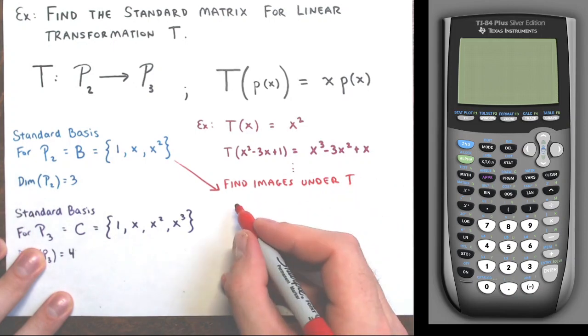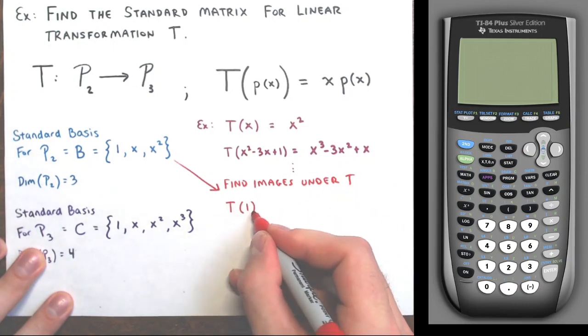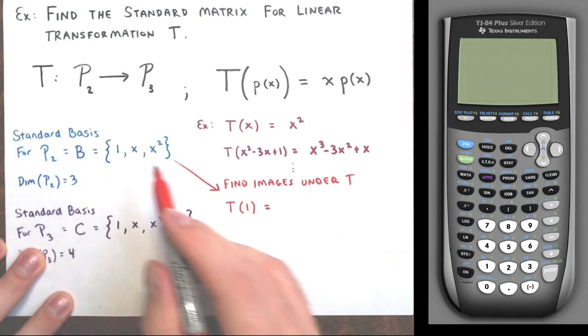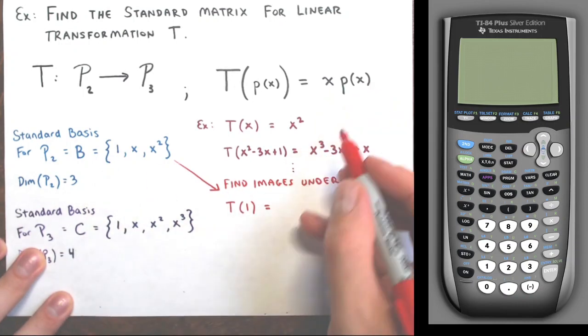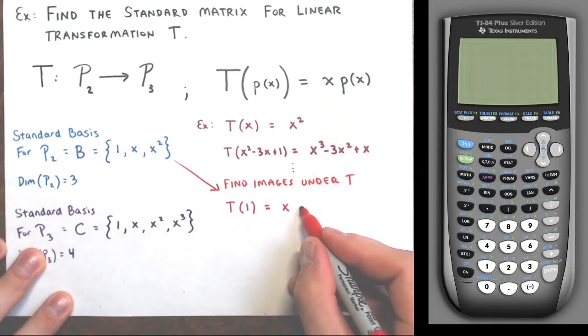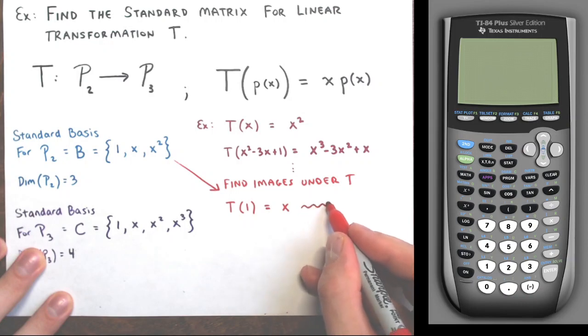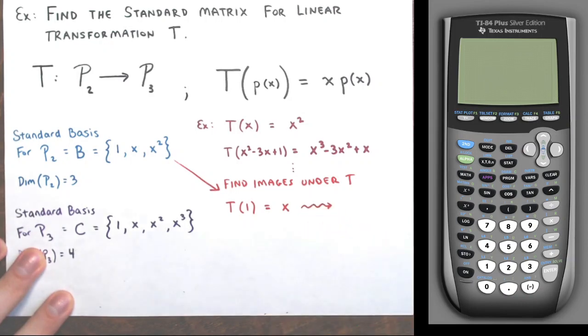All right, so what's T of 1? Well, T of 1 would be just x times 1, or x. Now again, I'm going to translate this to coordinates. What are the coordinates relative to C?